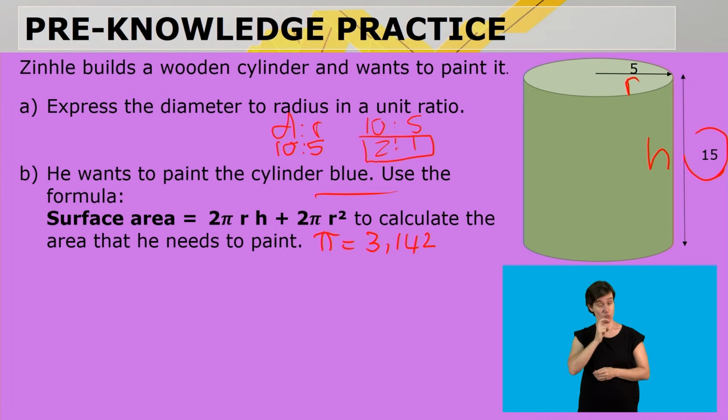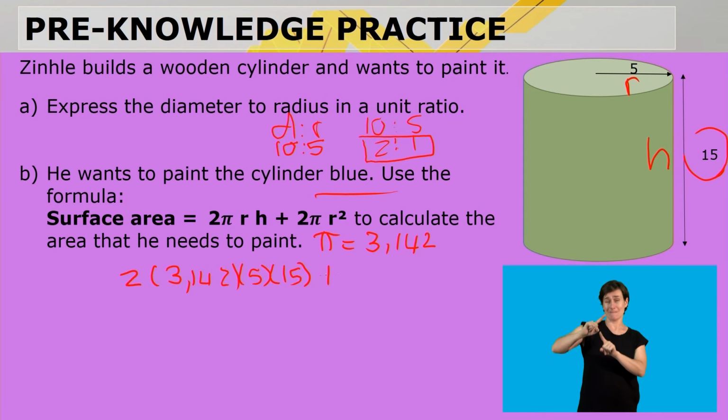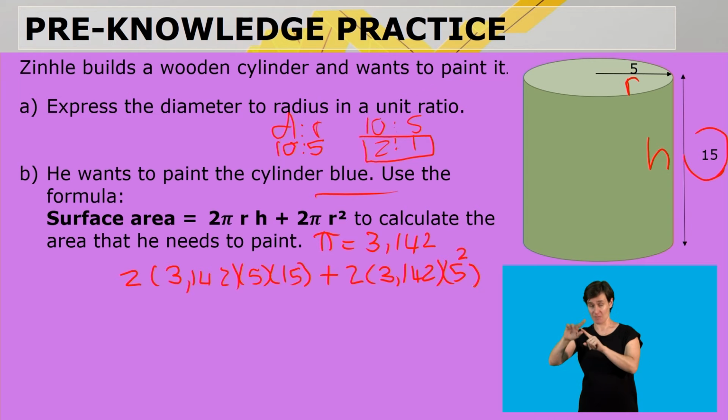Remember to use that. So it's going to be 2 times 3,142 times the radius, which is 5, times the height, which is 15, plus 2 times 3,142 times the radius squared, 5 squared, and remember, only the radius must be squared.